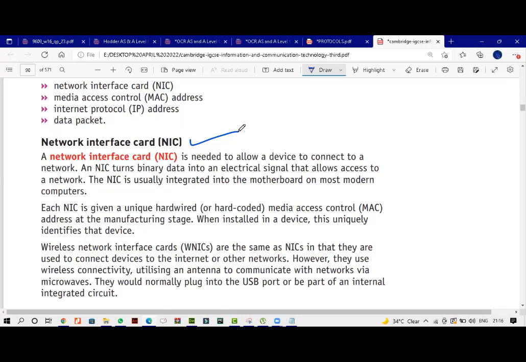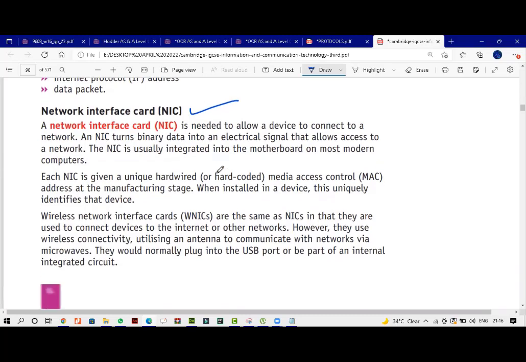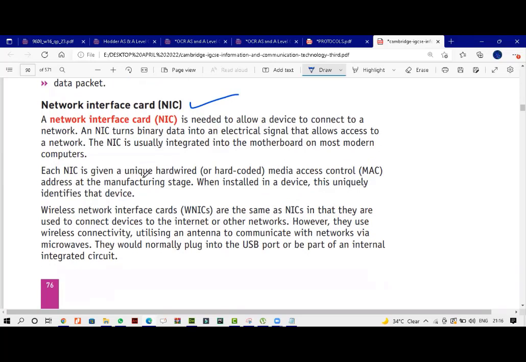So it's a hardware. When we say that a NIC is given a unique hardwired or hard-coded MAC address, what it actually means is that a MAC address is a physical address that will uniquely identify every device on the network.